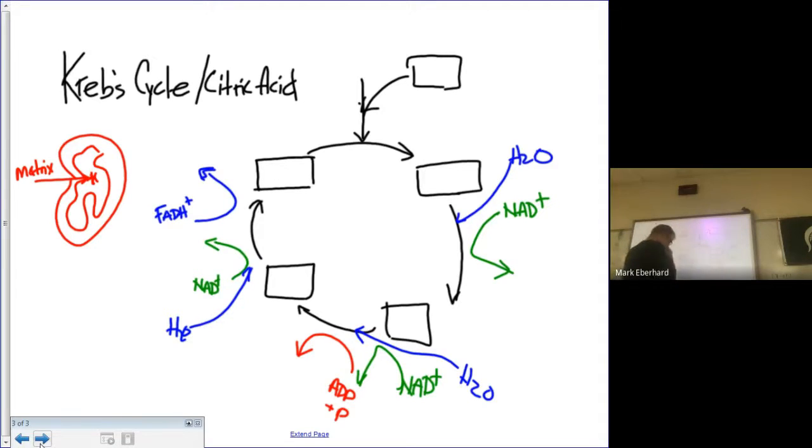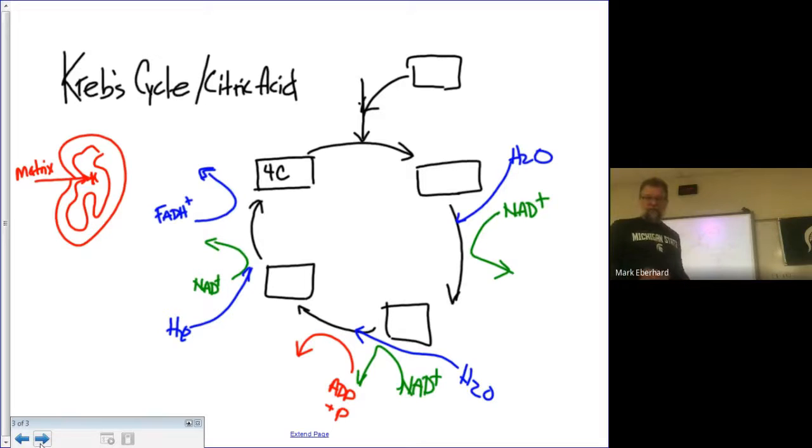And so what's happening in this cycle? Let's try to add some of the details. I'm not going to get stuck too heavily on names. So you have a 4-carbon molecule right here that is the beginning of the cycle. It's the carrier molecule. If you remember in the Calvin cycle, this was something called rubisco.